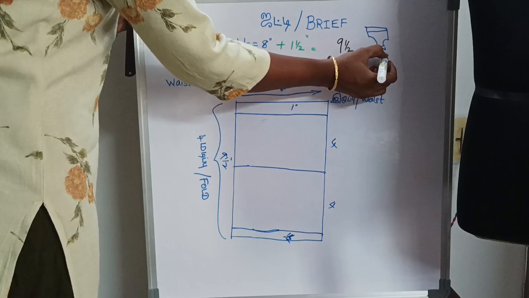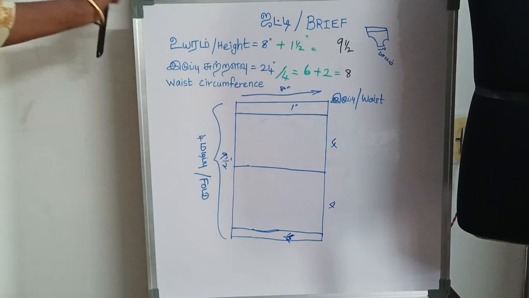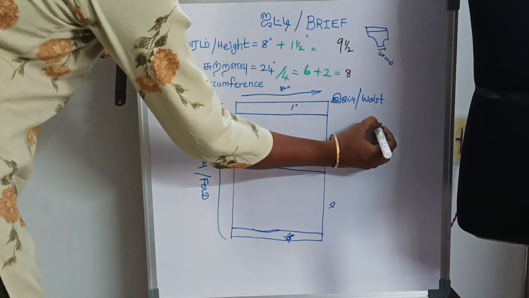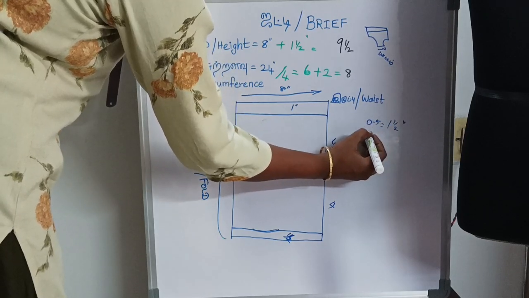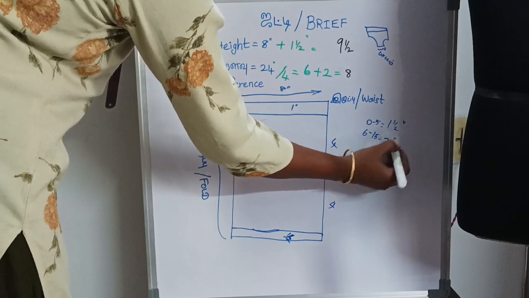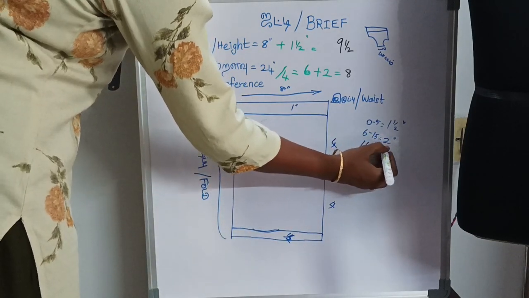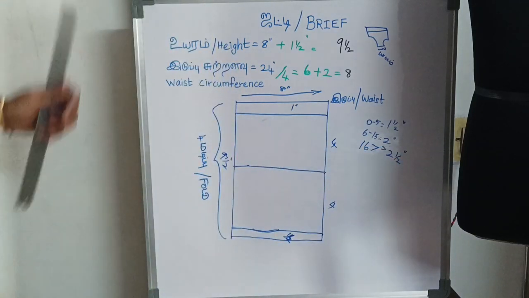This measurement, bottom measurement, we are going to draw based on the age. 0 to 5 years. Bottom measurement you can keep 1.5 inch. 6 to 15 years. Bottom measurement you can keep 2 inch. 16 years and above adults you can keep bottom measurement 2.5 inch.